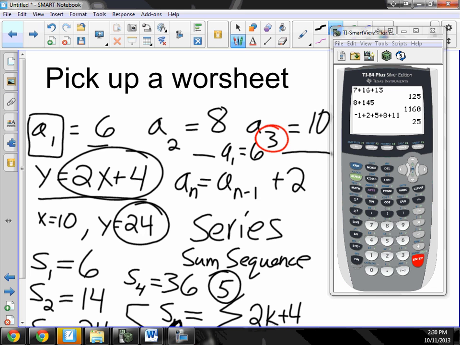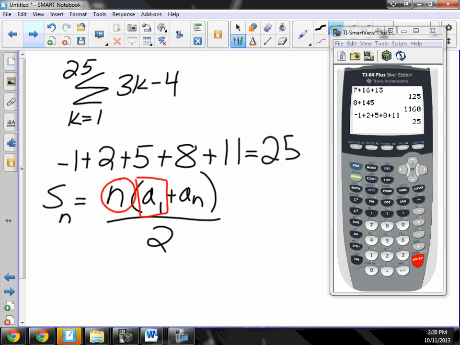Okay? What is a sub 1? What does that represent? Not what's the number, but what does that represent? The value at 1. That's a good way to say it. The first number in the sequence, not the subscript, but the actual number in the sequence. Good? What's a sub n? It's the value of the last term. So don't get these two mixed up.